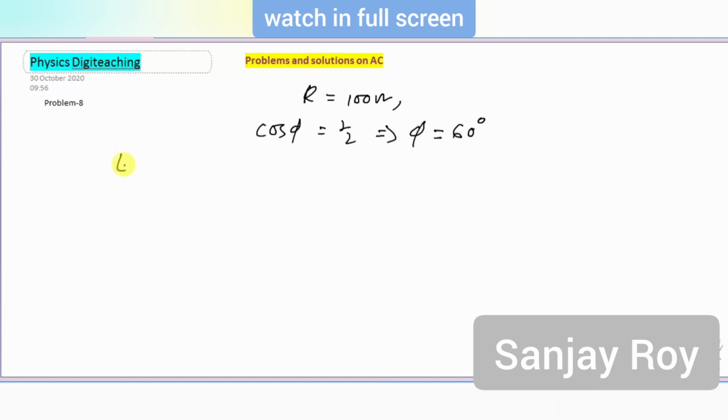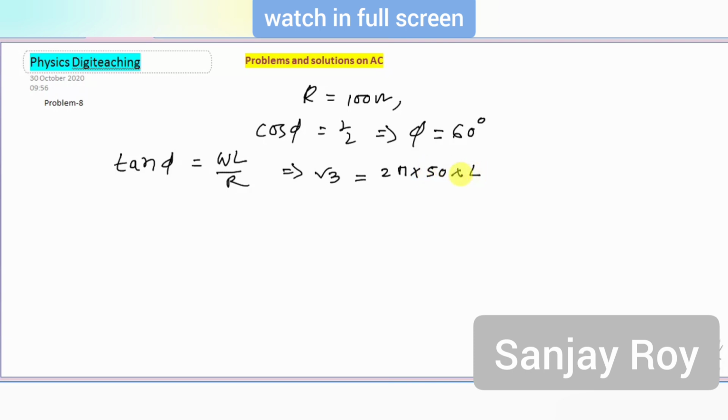Again, for the LR circuit, tan phi equals omega into L divided by R. Tan phi, that is tan 60, equals root 3, and omega is 2 pi n, where the frequency of Indian AC current is 50.